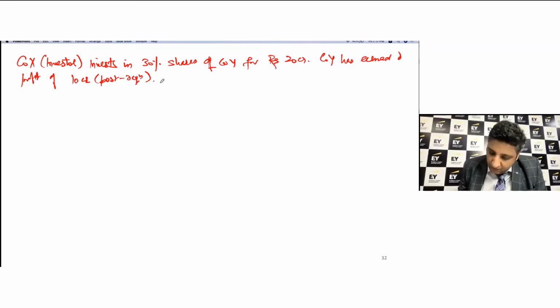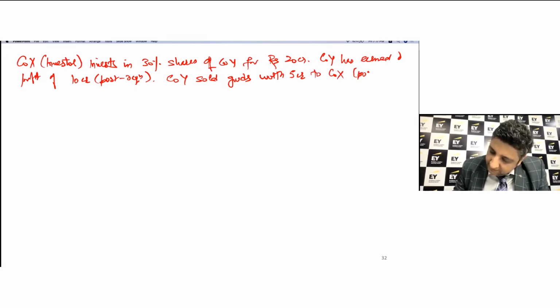Also, company Y sold goods worth 5 crores to company X, again post-acquisition. So let's take all those transactions under post-acquisition, at a margin of 40%.